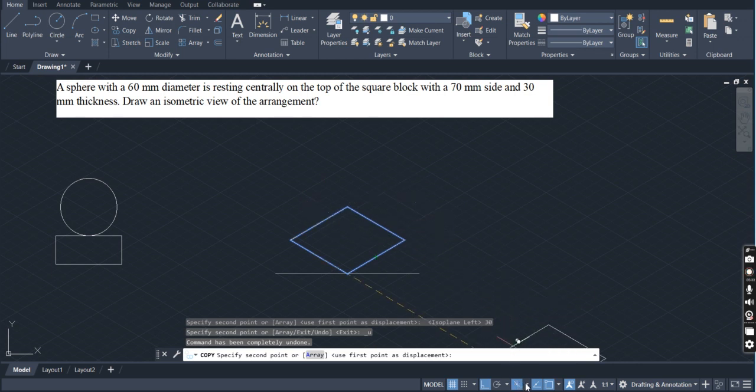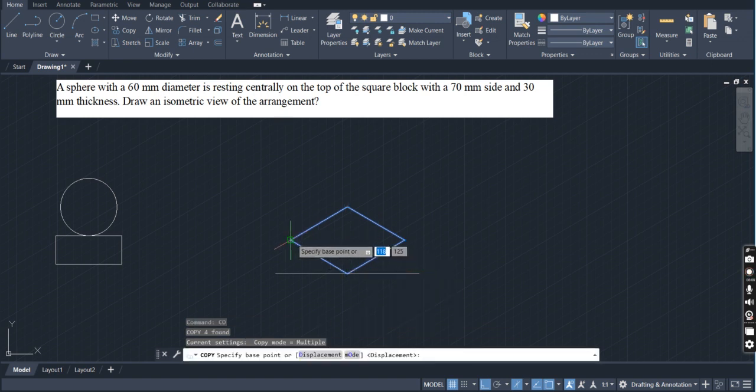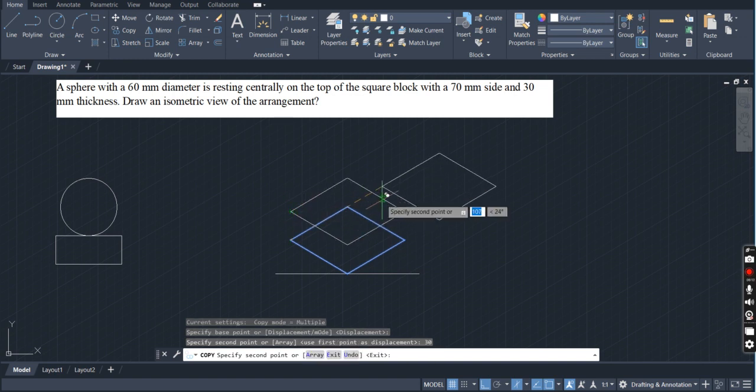Now it is in the correct plane. Copy, enter, select this point, write 30 mm, enter, escape.